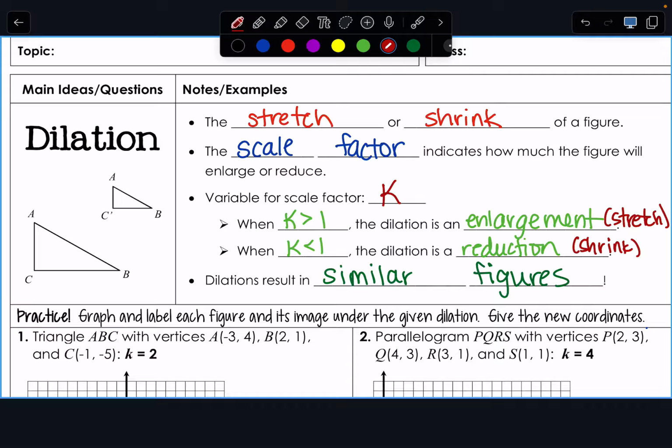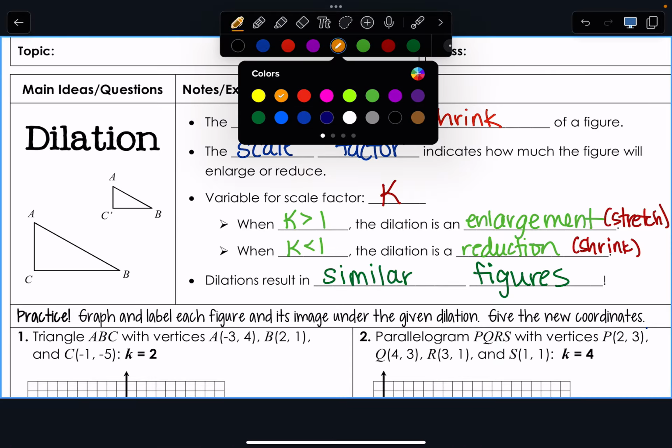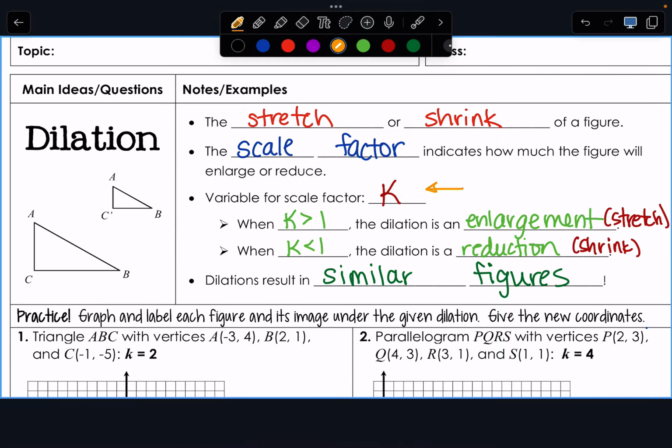The first thing we're going to do is figure out whether we have an enlargement or a reduction, so that we know if our shape is getting bigger or smaller. Then all we have to do is take our coordinates and multiply every single coordinate by our scale factor K. That K value is telling us what to multiply by.